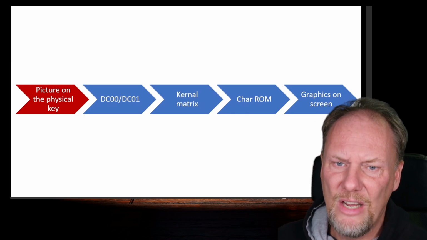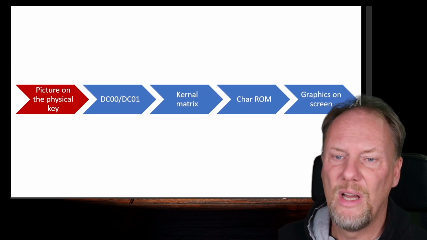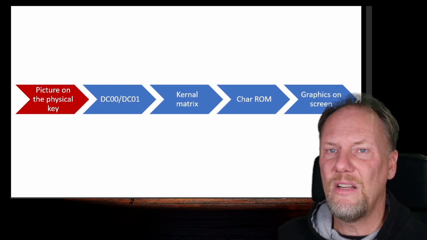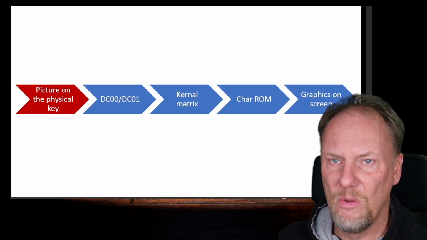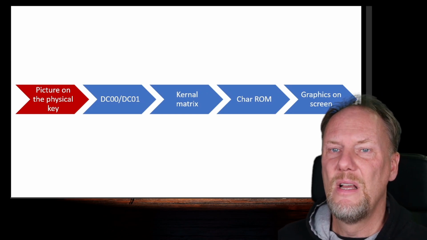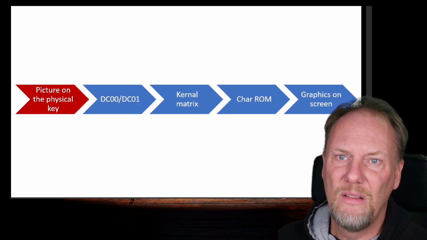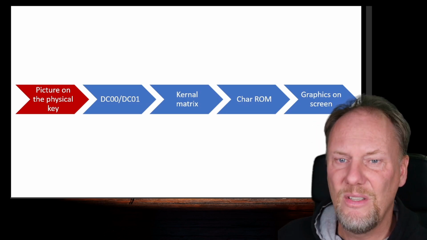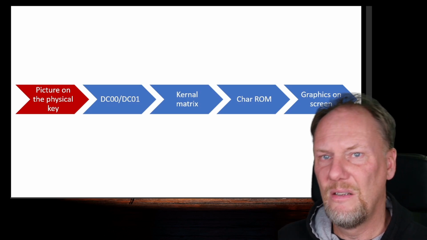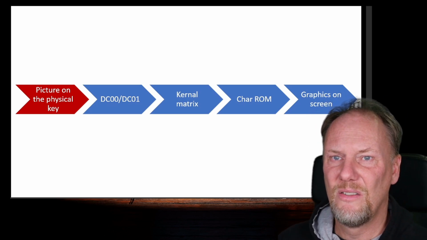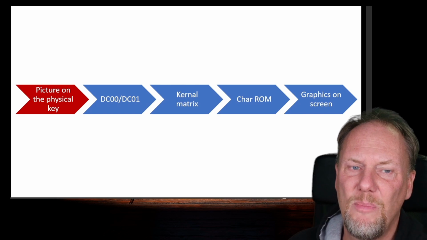And then there is a kernel matrix, and we will go through that as well. And then the actual picture that you would see on your screen is based on the character ROM, and we will go through that as well. So when you press a key, you yield something that shows up on the screen, and the entire process is like this. So let's go through each of the steps here.